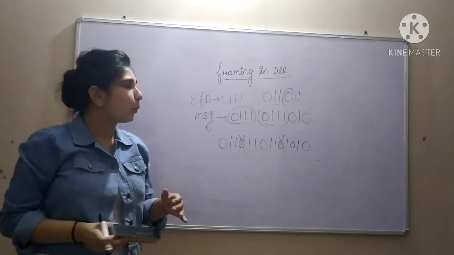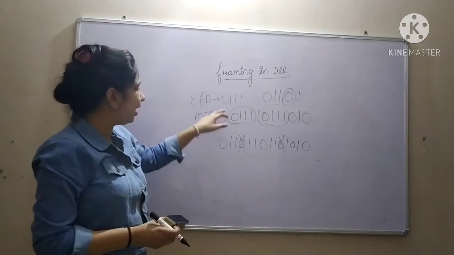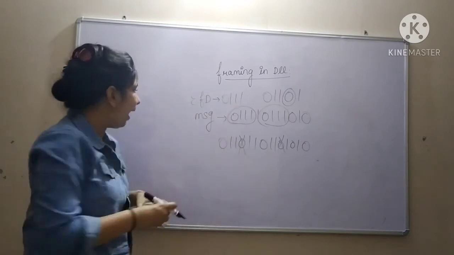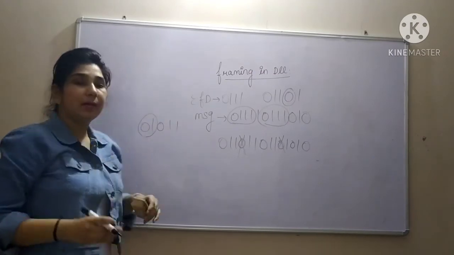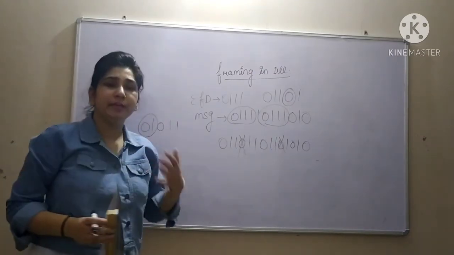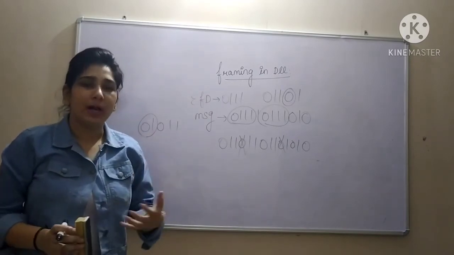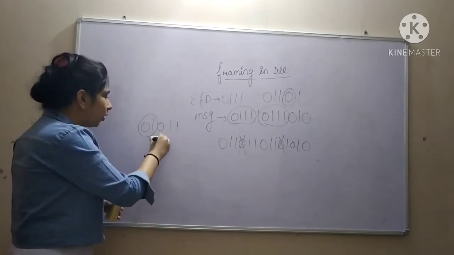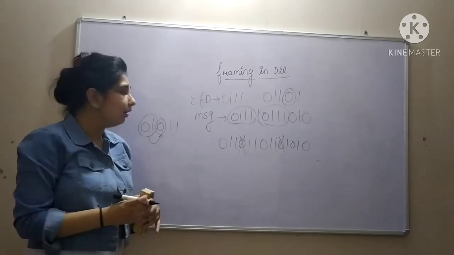So my next question is, why am I inserting the extra 0 bit after 0, 1, 1? Why didn't I insert 0 after 0, 1? The answer is, if you insert 0 after 0, 1, you have to do a lot of stuffing. You have to add a lot of extra bits in the message.